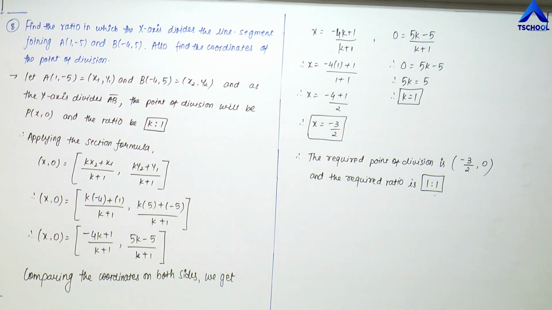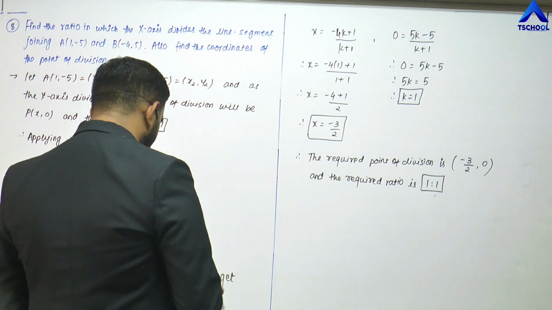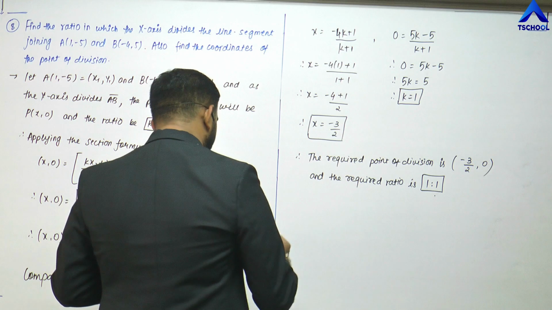Now I shall give you 1 or 2 questions in the homework so that you can solve it by yourself. Is it clear? Okay, so I'm writing down a question here that will be done by you in homework, that is same as we have solved the previous example here on the board.